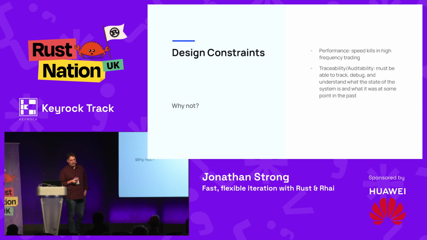We also have constraints. One of the biggest is performance. Speed kills in high-frequency trading. If you have a bottleneck or you have something that makes your system lag, you will lose money very predictably.